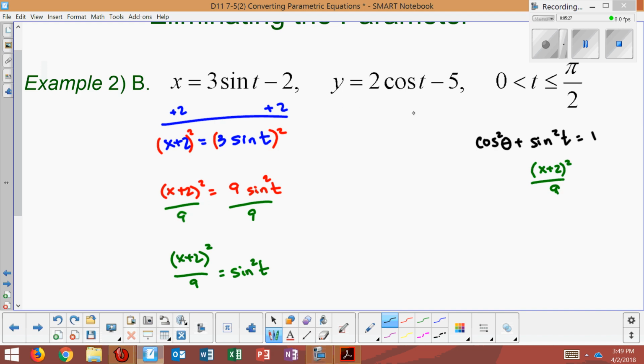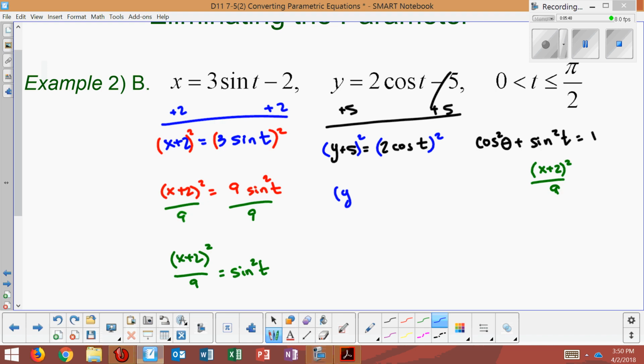So let's go over here and do the same thing. I want to add 5 to both sides. That goes away, and so I have y plus 5 equals 2 cosine of t. Now we can square both sides. So I'm just going to leave this as y plus 5 quantity squared equals 4 cosine squared t.